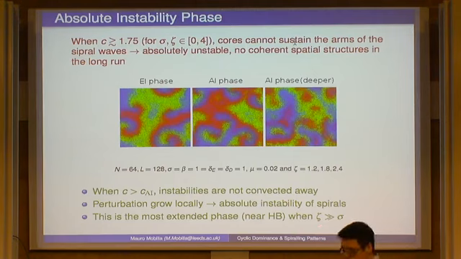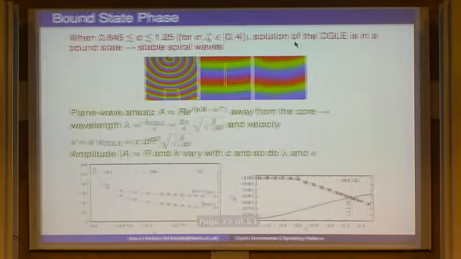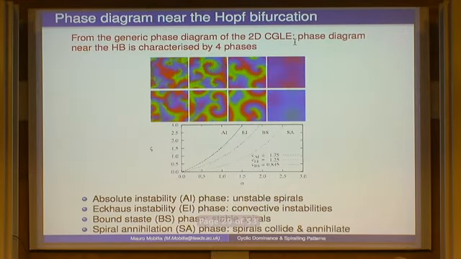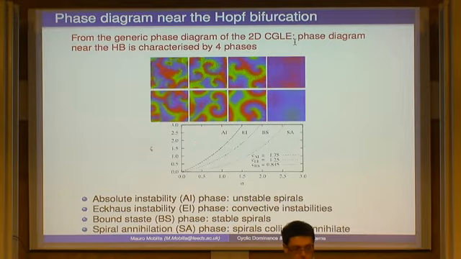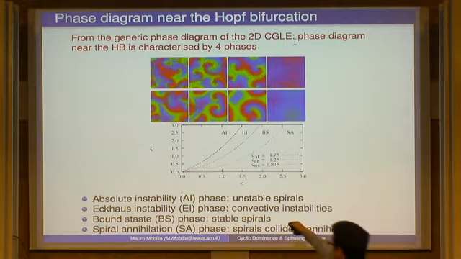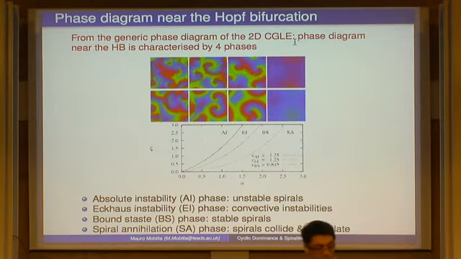Now, to make a connection with what Steve asked me, when zeta is much bigger than sigma, so basically in this diagram here, when zeta is much greater than sigma, we are always in this absolutely unstable phase. So basically there are no stable spirals.